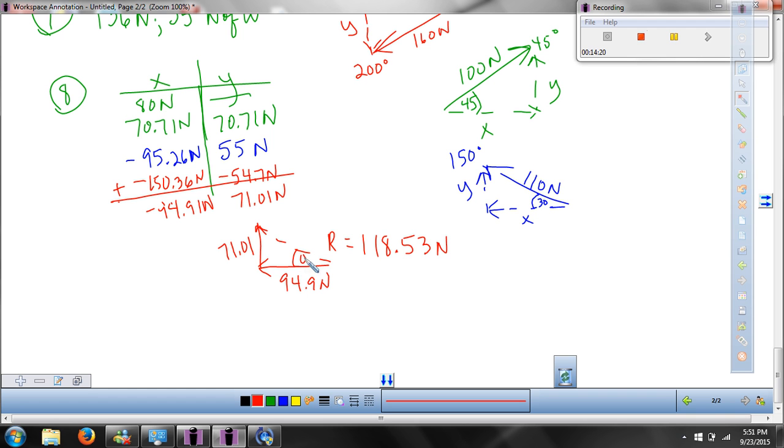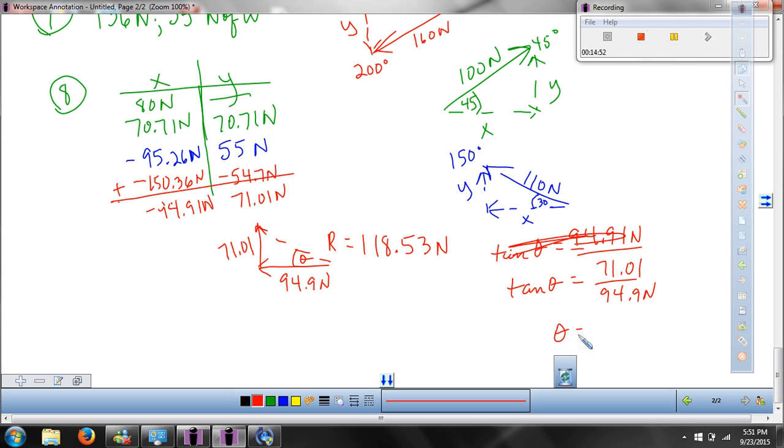And theta, tan theta, is equal to 94.9 over my, I'm sorry, that's not right. Let me do that again. Tan theta is equal to 71 over 94.9.